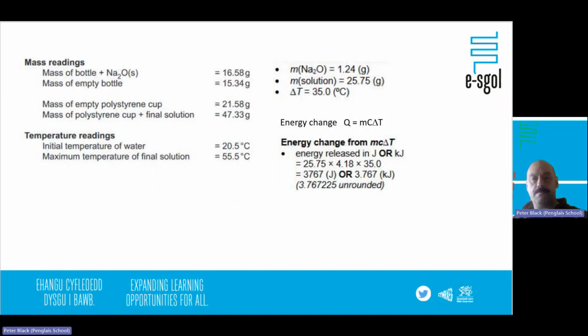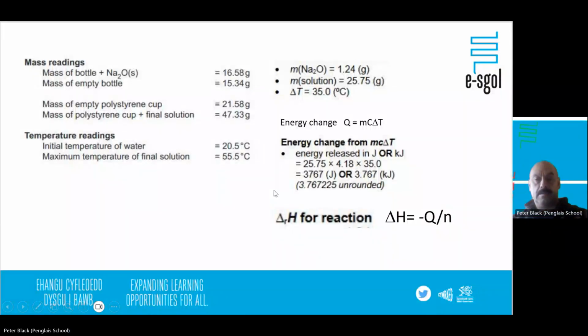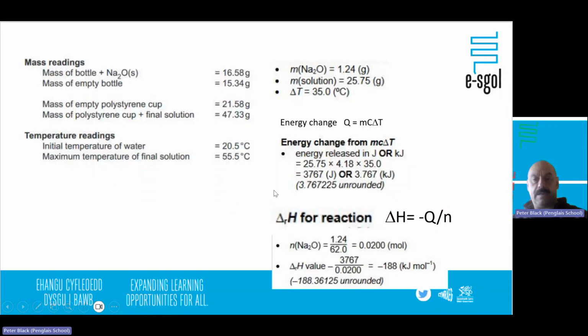So we're going to take our Q, we're going to make it minus Q and divide by n. Okay, so you're going to work out the number of moles now of your sodium oxide. Got the data here. Okay, 1.24 grams. Okay, and that's your enthalpy change for the reaction. Okay, so we're coming out with a value of minus 188 kilojoules per mole.